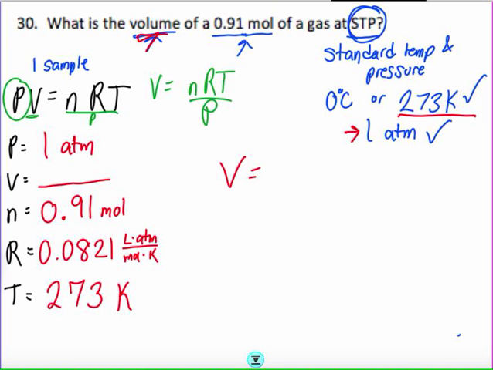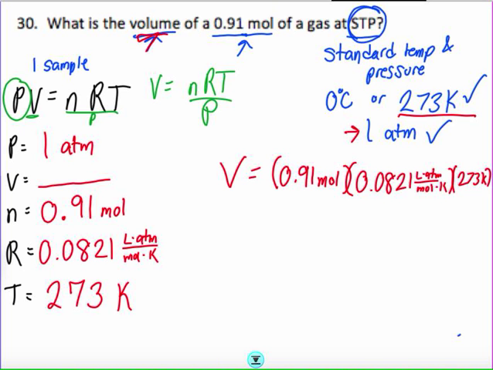So V equals n, 0.91 moles, times R, 0.0821 liter atmospheres over moles Kelvin, times T, 273 K, all over P, 1 atm.